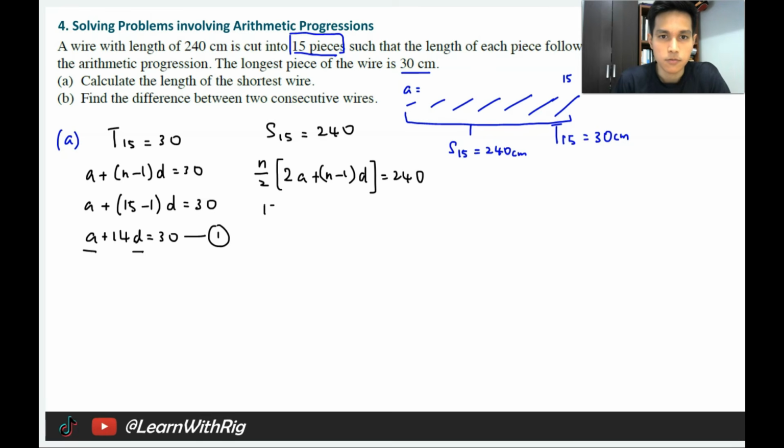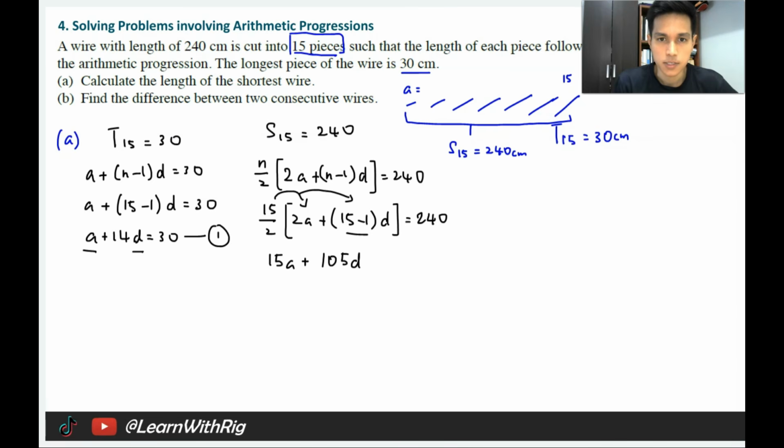So what's your n value? 15 over 2 times (2a plus (15 minus 1)d), d you don't know, equals 240. So now you can expand this. 15 over 2 times 2a, you should get 15a, plus 14 divided by 2 is 7, and 7 times 15 is 105d, equals 240.